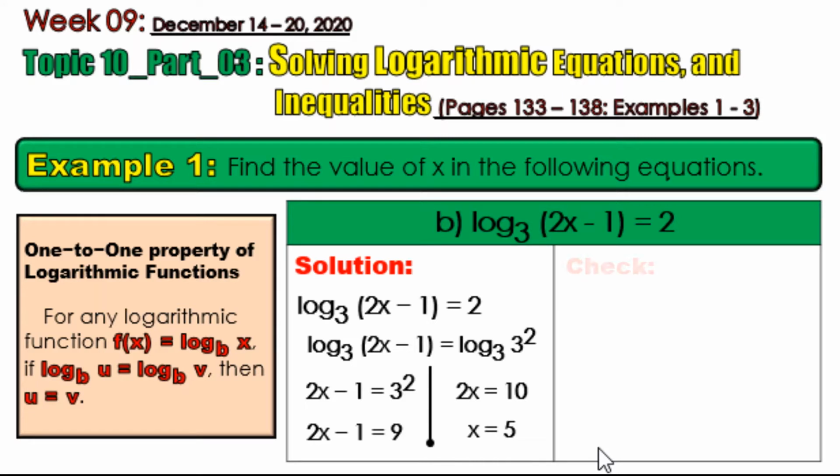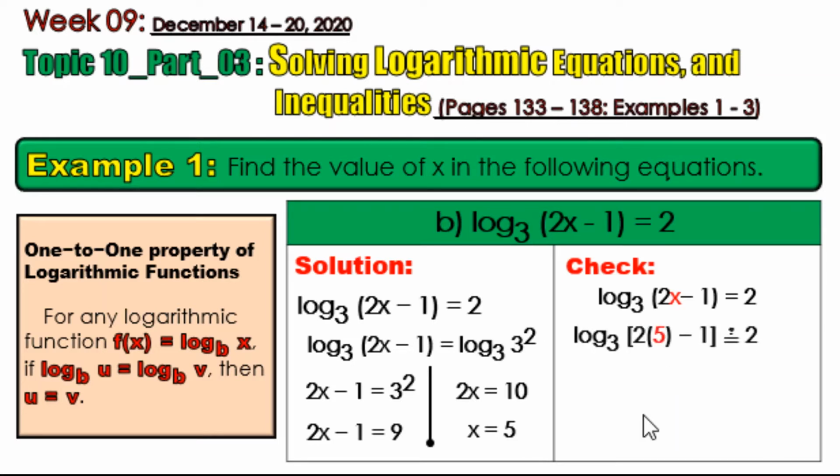And then we check our x, which is 5. We substitute 5 for x. So we have logarithm of 2 times 5 minus 1 to the base 3, and we check if it is equal to 2. We have 2 times 5 is 10, minus 1 is 9. Then we can express 9 as 3 squared.